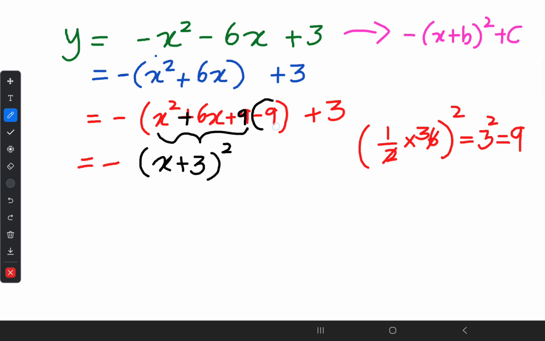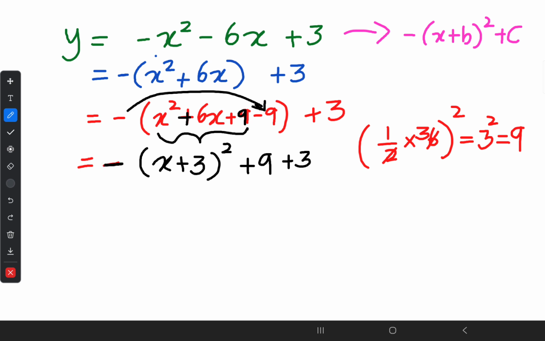And this negative 9 is multiplied with the common factor negative. This common factor negative should be multiplied with the remaining negative 9, and it will become positive 9. And there is a 3 as well.